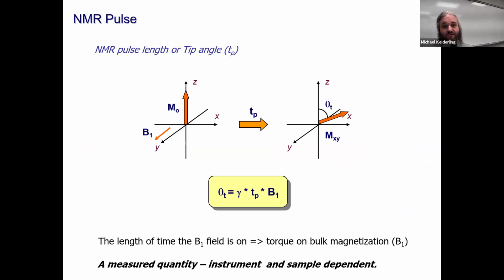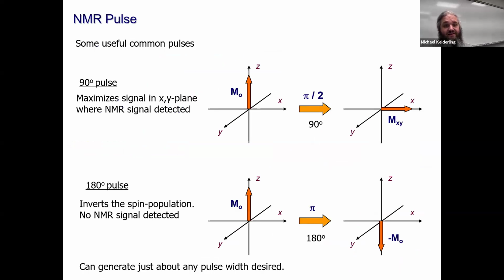Generally, you do something like a 90-degree pulse. A 90-degree pulse maximizes the signal in the XY plane where the NMR signal is detected. A 180-degree pulse would invert the spin population. No NMR signal is detected, but you can get an effect called the spin echo. And you can generate just about any pulse width desired.